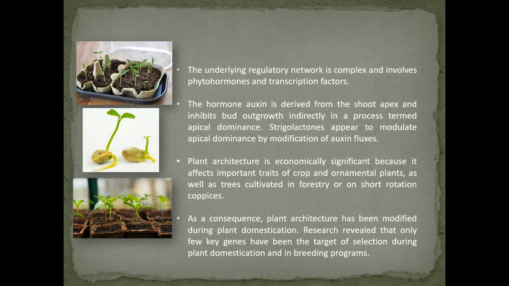Plant architecture is economically significant because it affects important traits of crop and ornamental plants, as well as trees cultivated in forestry or short rotation coppices. Consequently, plant architecture has been modified during plant domestication. Research has found only a few key genes targeted for selection during plant domestication or breeding programs.